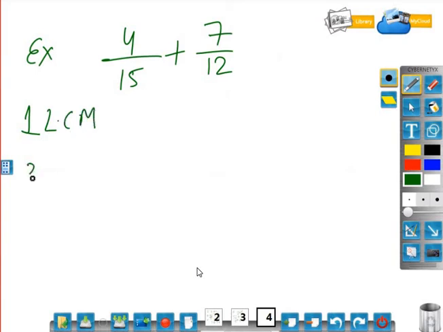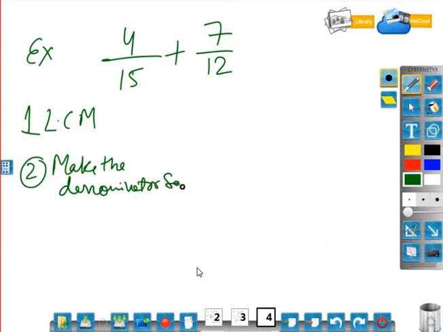Second step, make the denominator same. Third, after that you can add them. Third and last step, add or subtract.